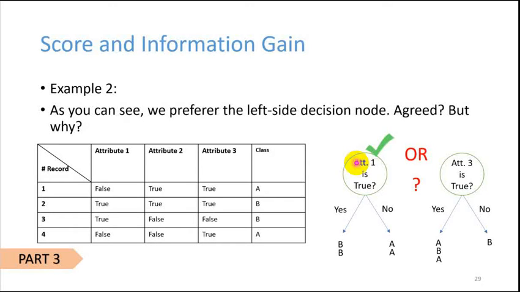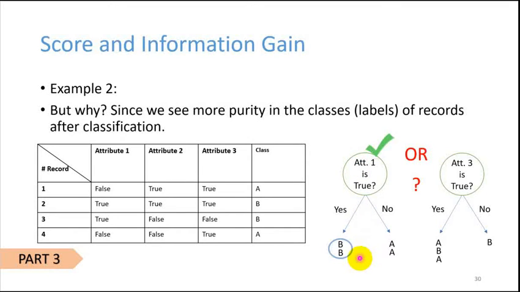So you can see that in the yes branch we have only 2 B's. In the no branch we have only A's, but here we have only B, but here we have 2 A's and 1 B. So here it's not so pure.